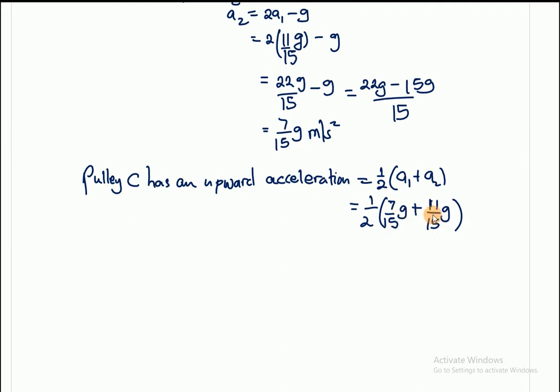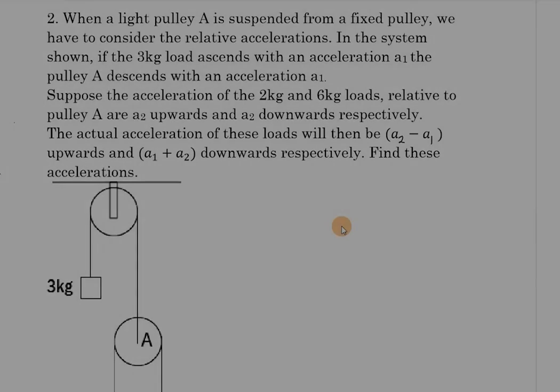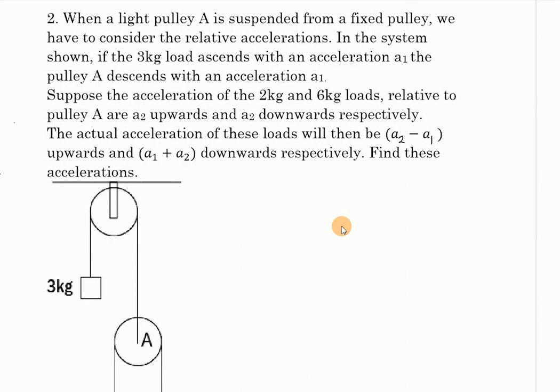So a2 plus a1, addition is commutative. So this one is giving us, if you work out with this, there is a 9 here. After going with these two, then 9 by 3 is 3, so this one is 3 over 5 g meters per second squared. We have this one is another form of arrangement we can have for a pulley system.